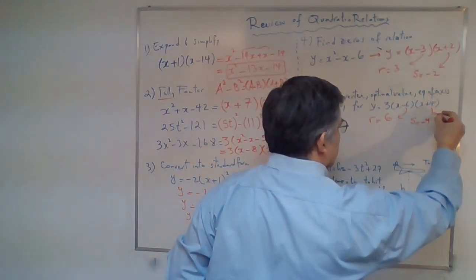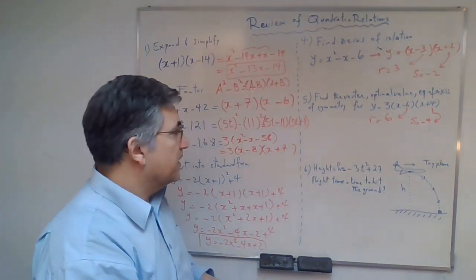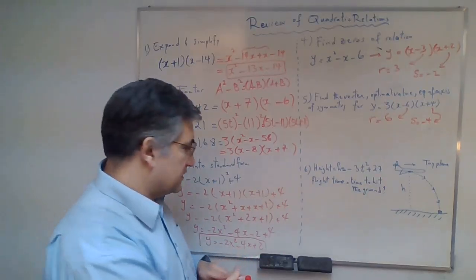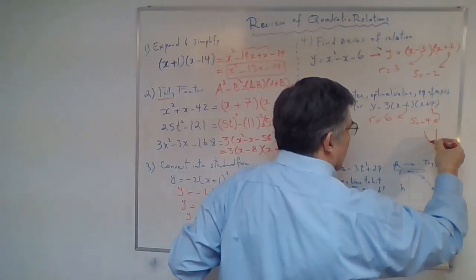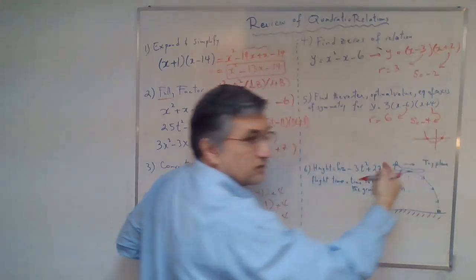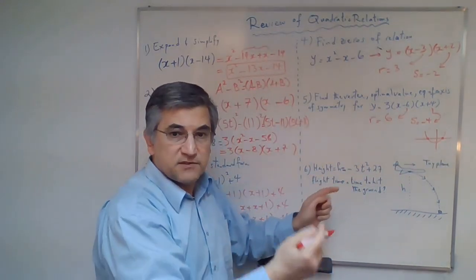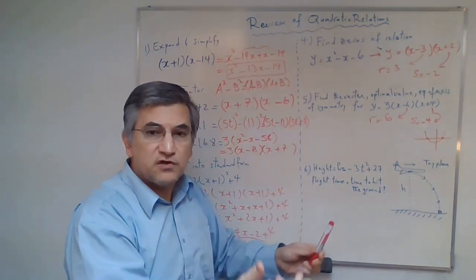So these are the two zeros of the relation, or x-intercepts. Now, as we explained in the lectures, if you find the average of the two x-intercepts, midway between them, that will be the x-coordinate of the vertex.